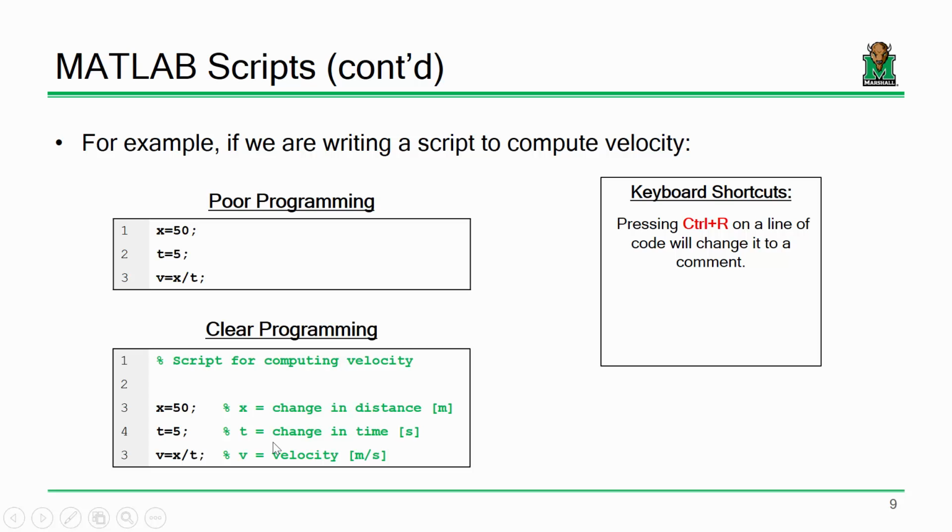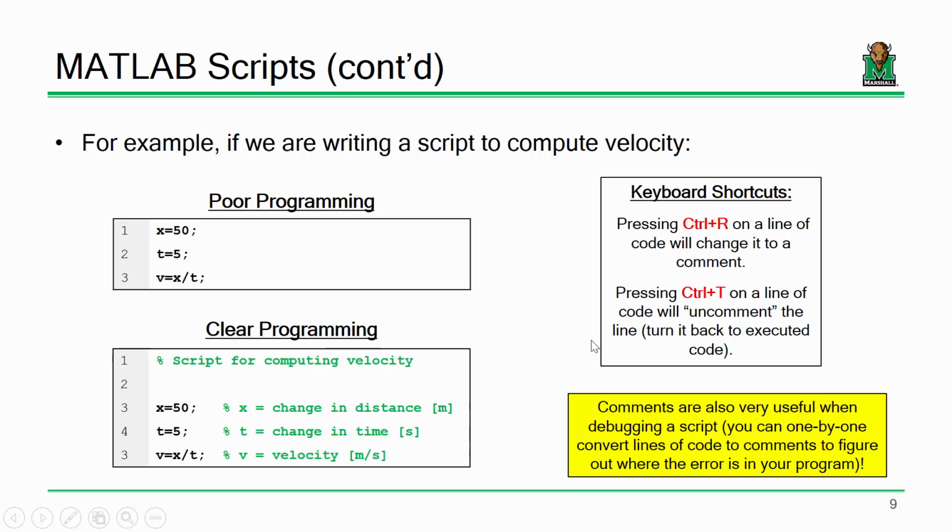Now, if you use the keyboard shortcut of Control-R on a line, then that would add in automatically the %, and it would change it into a comment. And Control-T will take a line, and if it previously had the % at the beginning to indicate that that's a comment, it will take it out again.